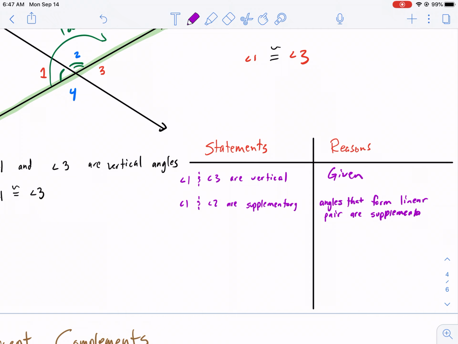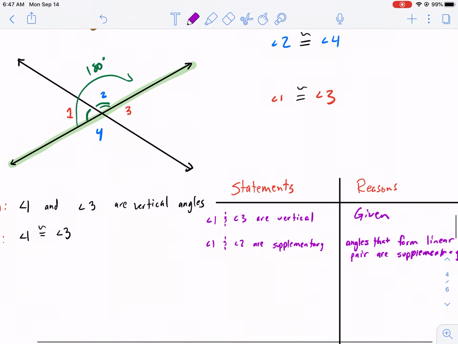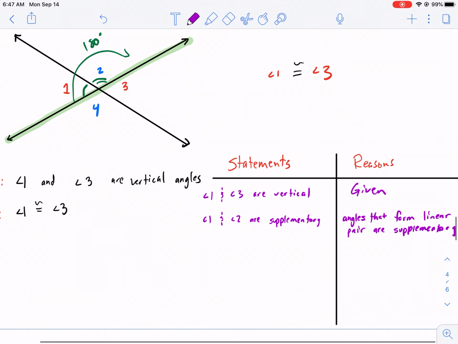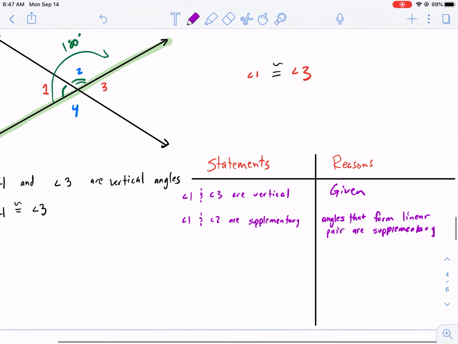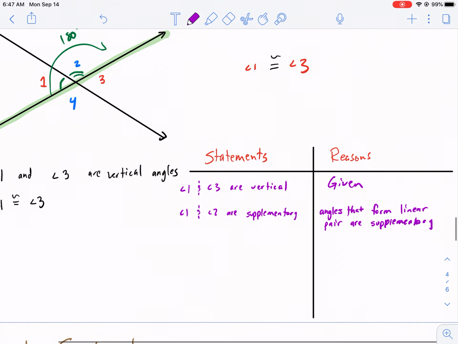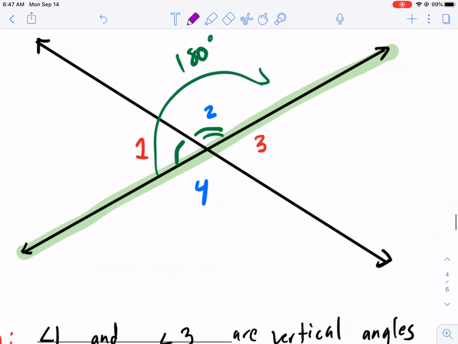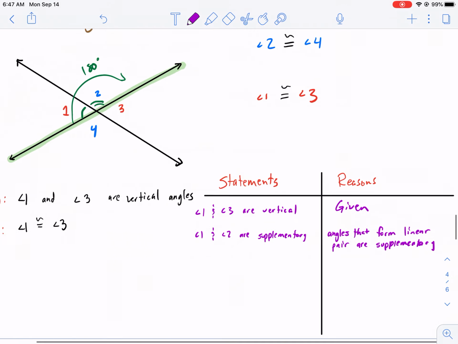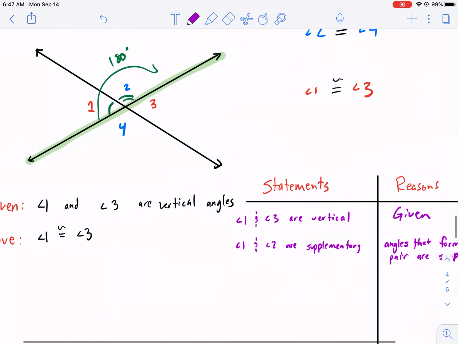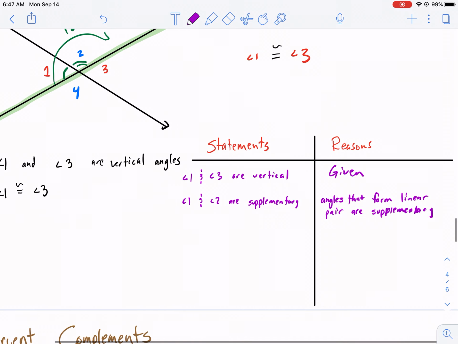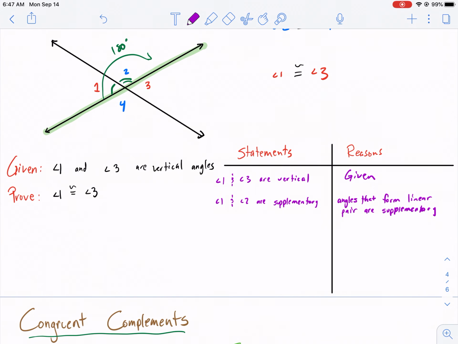You could also say something like definition of linear pair. So angle 1 and 2 are a linear pair. You could also use an extra step: you could say 1 and 2 are a linear pair, derived from the diagram, shown in the diagram. And then the second one, 1 and 2 are supplementary, because angles that form a linear pair are supplementary. This one just combines two different things at the same time.